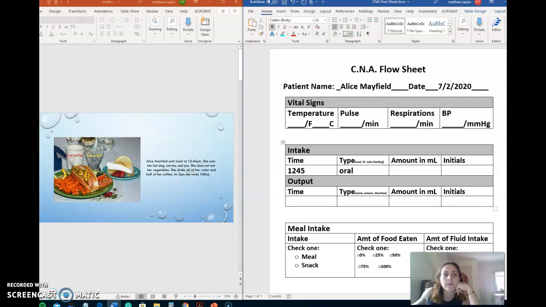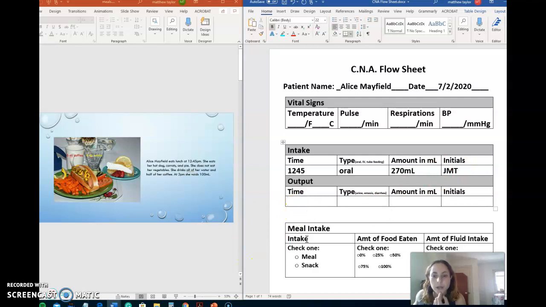So if I have 9 ounces, that's going to be 270 milliliters. And I want to always put the measurement behind the amount, like 270 what? It's 270 milliliters. So that's a little m, big L. And then I'm going to put my initials.